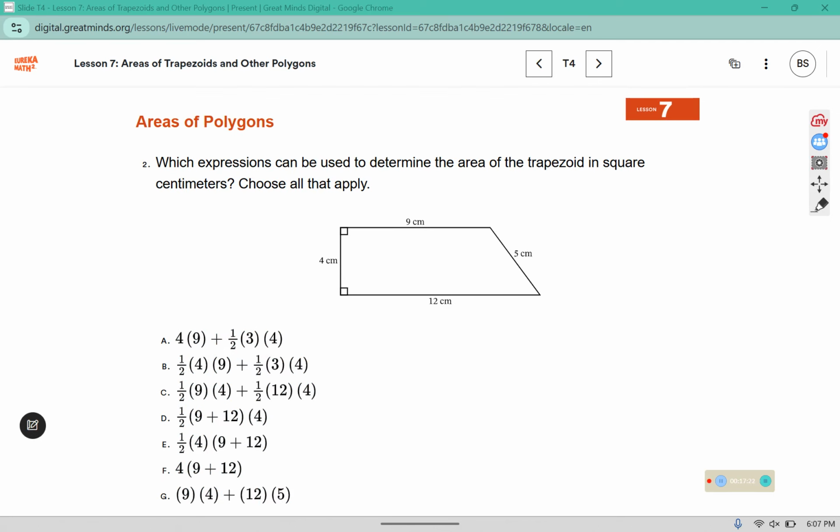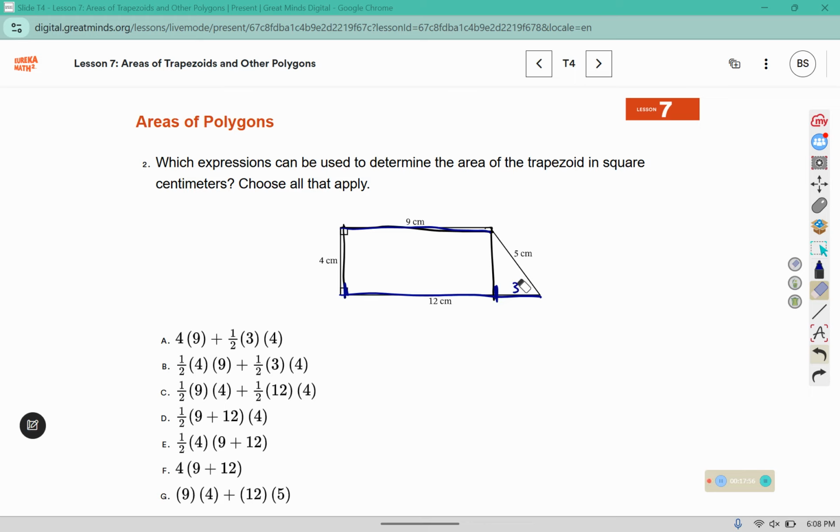Which expressions can be used to determine the area of the trapezoid in square centimeters? Choose all that apply. Well, if we cut it into a rectangle and a triangle, the rectangle is 9 by 4, and the triangle, if this piece is 9, but this piece extends all the way out to 12, 9 plus 3 makes 12.